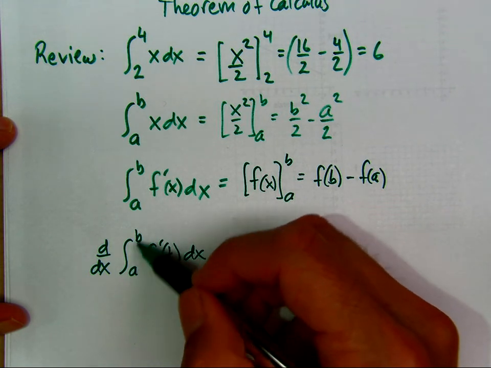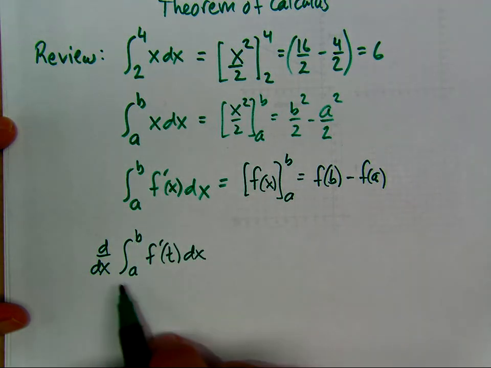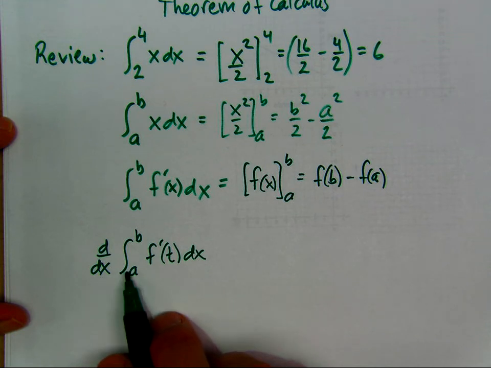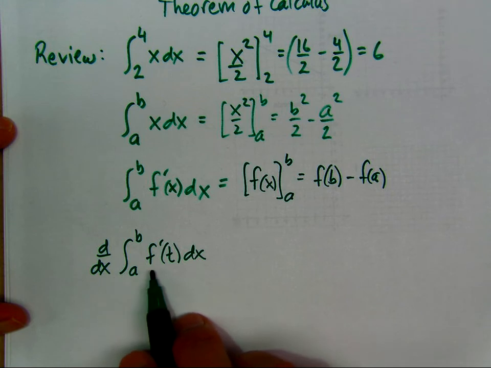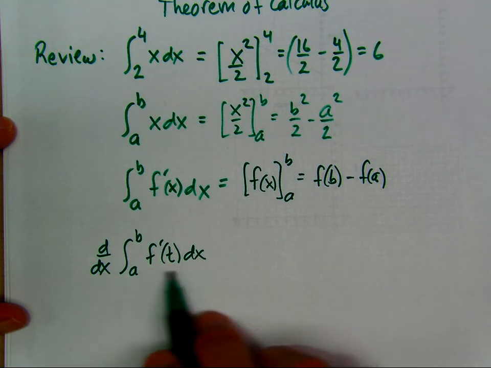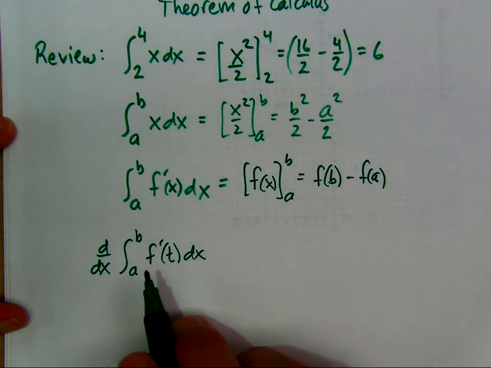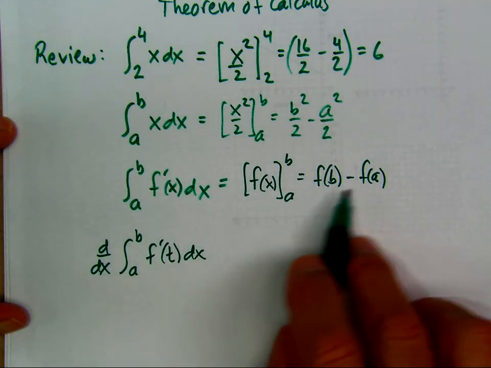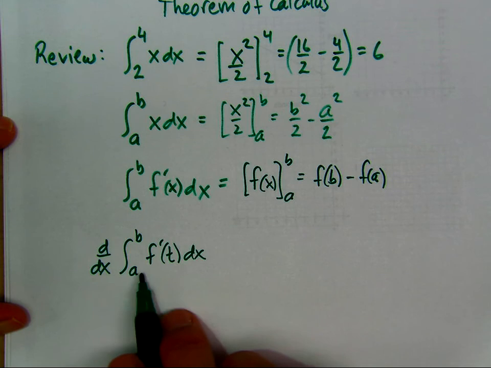So these would have to be variables with t. But the main concept is, let's take the derivative of the antiderivative, and what's going to happen is they just kind of cancel, and we'll see how this all works. That's what we're going to focus on today. Here's the fundamental theorem, and then if we do the derivative of the integral, now we're looking at the second fundamental theorem. So let's develop this and define what's happening here.